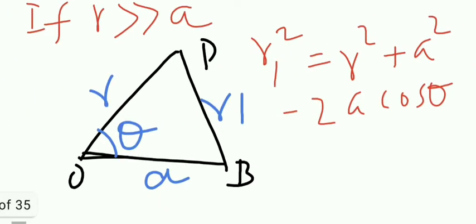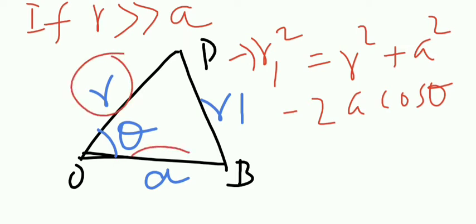Like that, here you see, I want to find R1 squared. So I have to first find the sum of the squares of the other two sides, R squared plus A squared minus 2RA, right? Sorry, I left 2RA cos.